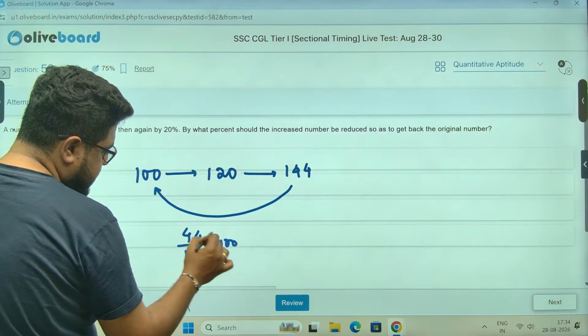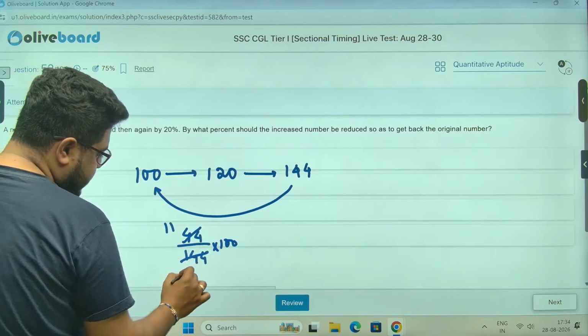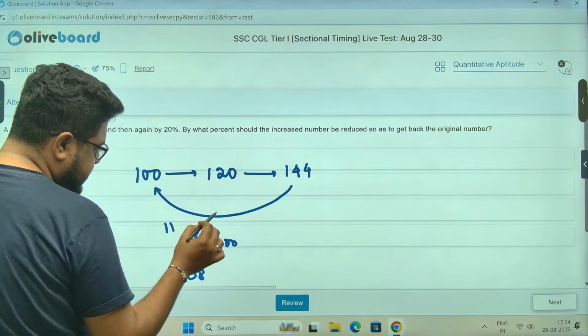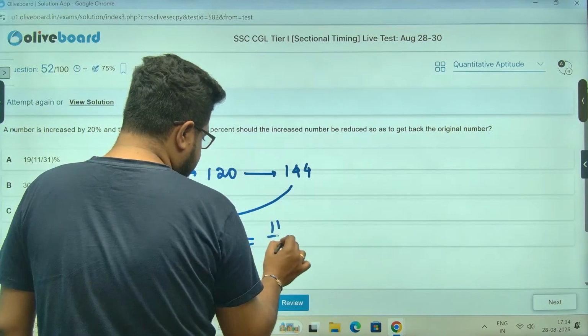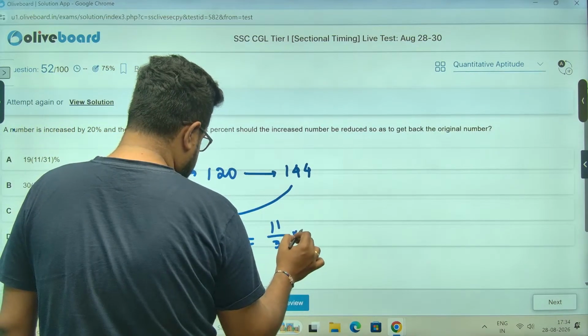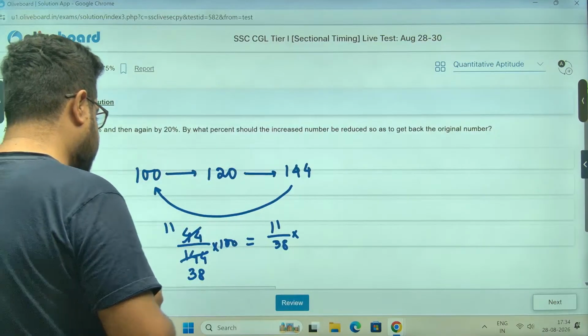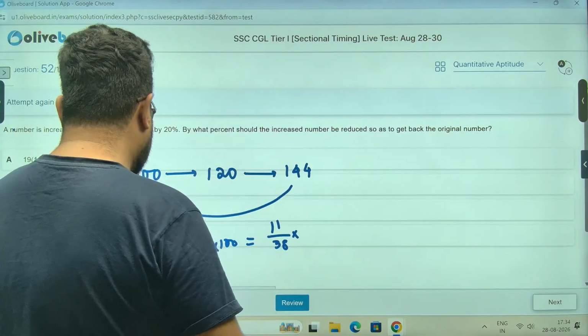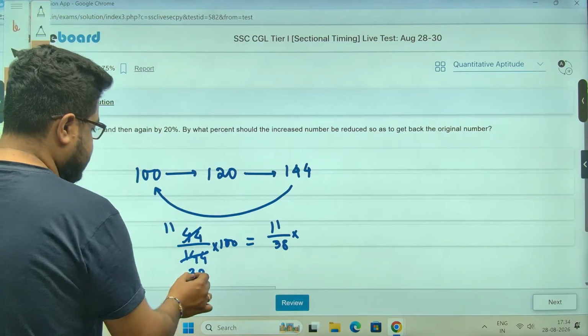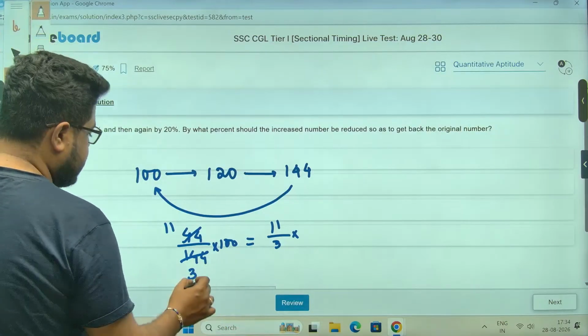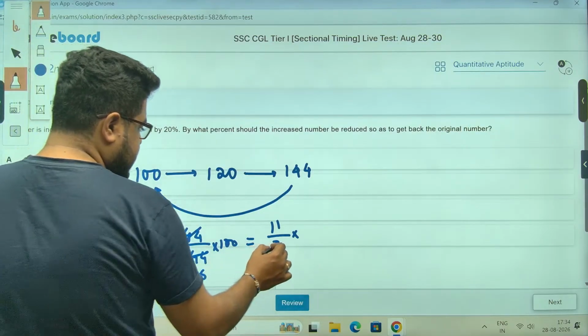So 4 11s are 44, 4 3s are 12, 4 9s are this. My mistake, 4 9s are 36. This is 36.